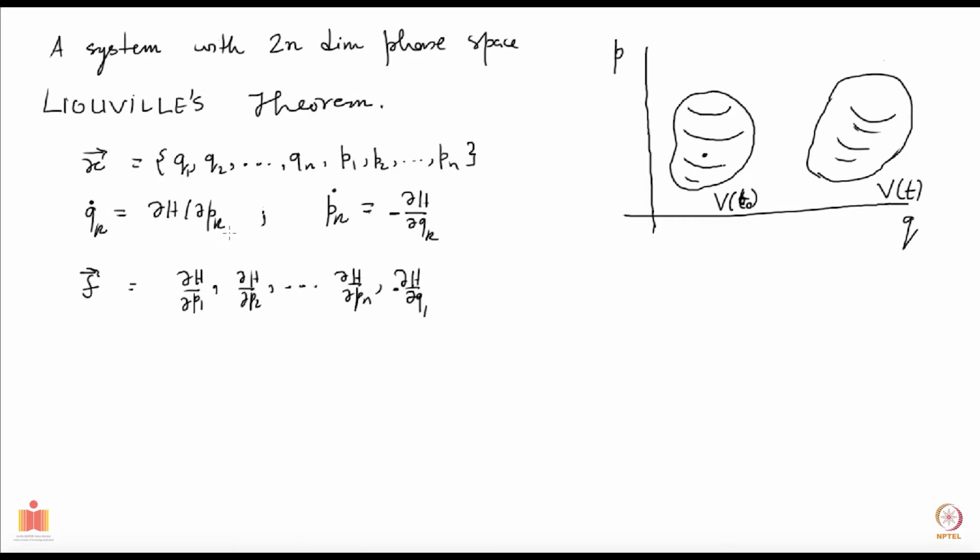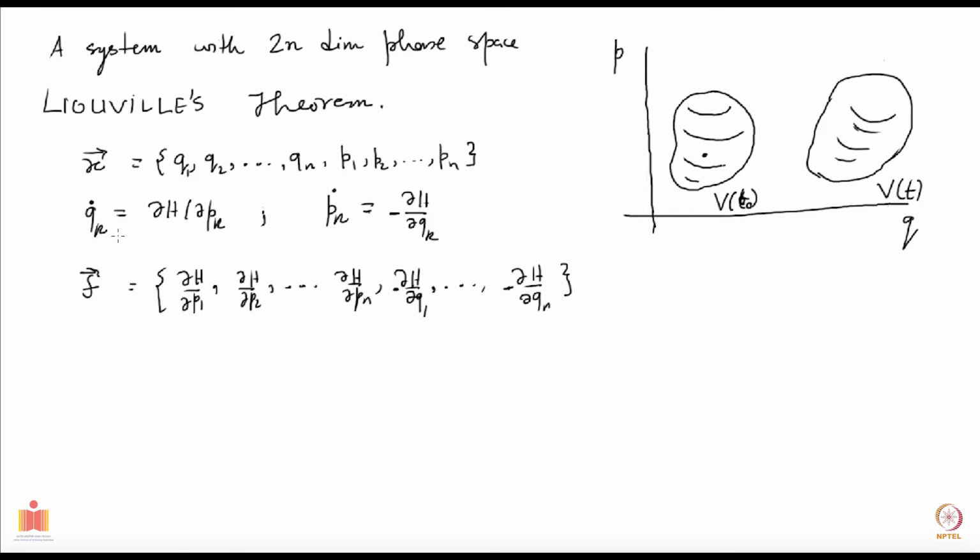So what I'm doing is just listing these right hand side parts along this, and you go further to ∂H/∂qn, again with a minus sign. This entire set of quantities I denote by the vector f.